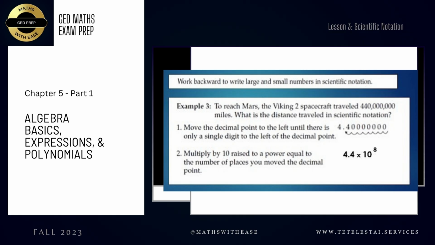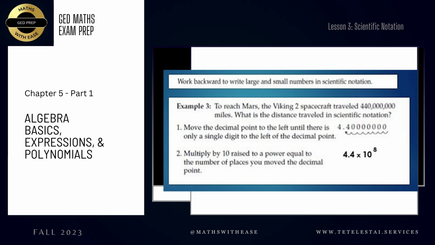Okay, so to write this 440 million in scientific notation, we simply move our decimal point over as many places as are present in the number until you reach the single digit to the left of the decimal point.